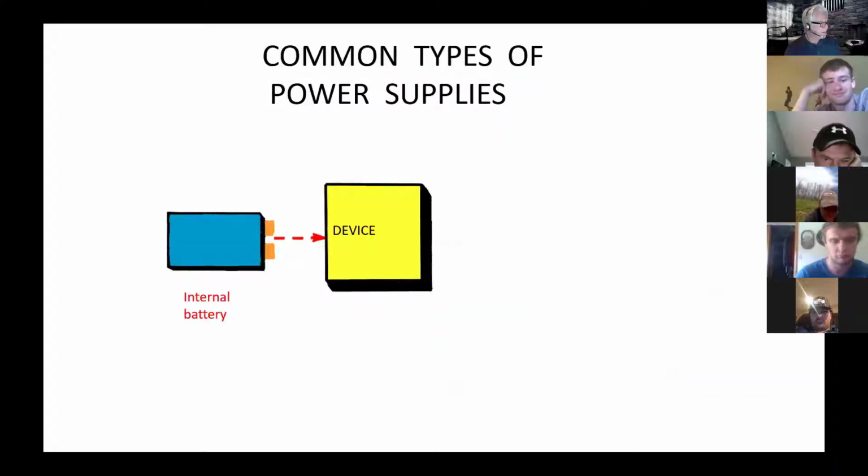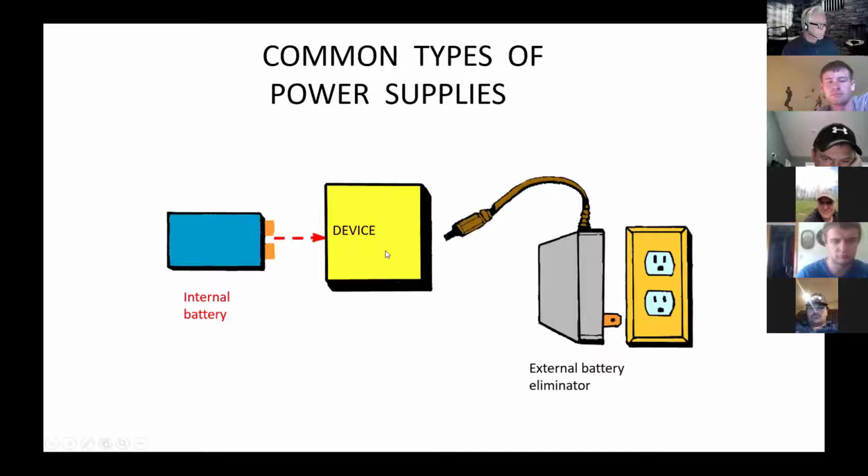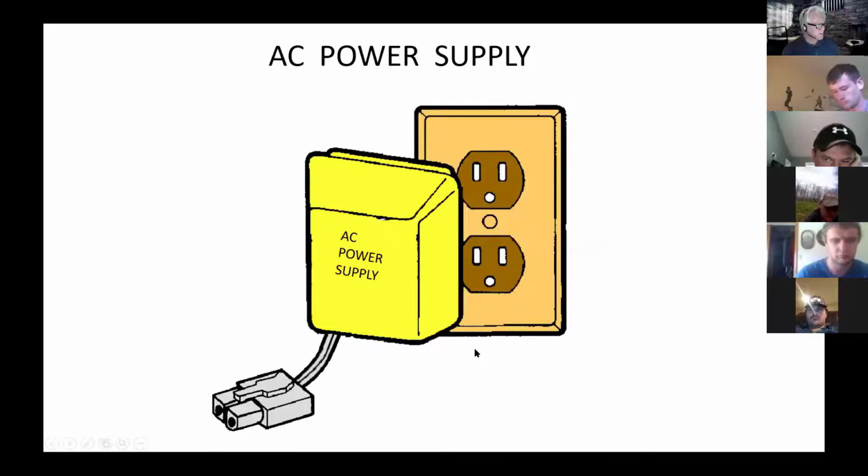All right, so now we're going to look at some different types of power supplies. Typically, you're going to see a device that has an internal battery. Good example is your phone. So the power's coming from the battery in your phone, but you can use an external battery eliminator. They can also work as chargers, right?